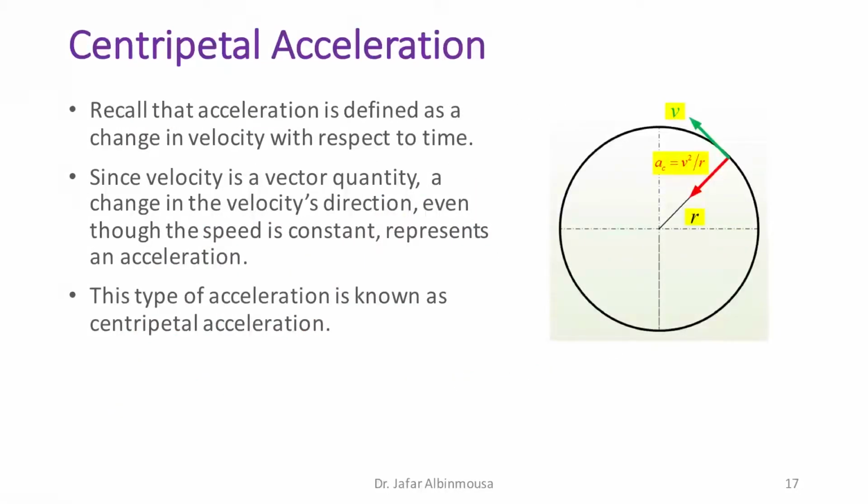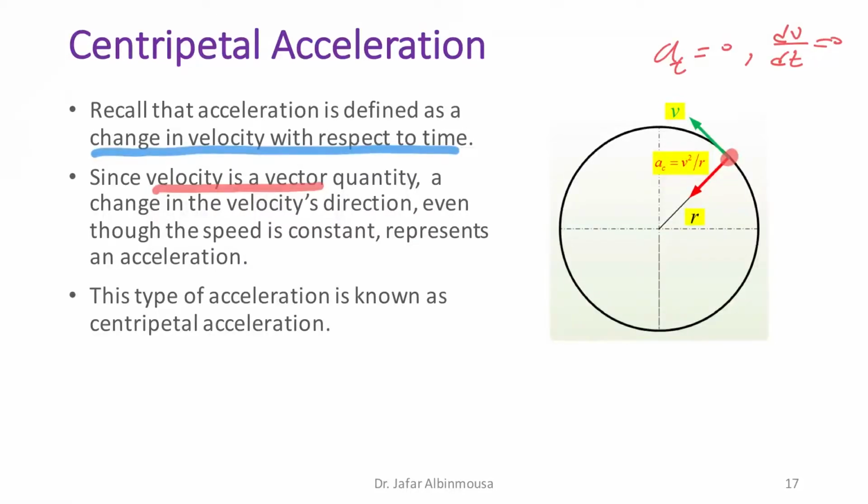Now, recalling that acceleration is defined as the change in velocity with respect to time, and since velocity is a vector, it has both magnitude and direction. What is important here is that if we have a particle moving over a circular path with a constant velocity, then the tangential component at will be 0, because as we described before, dv over dt is equal to 0.